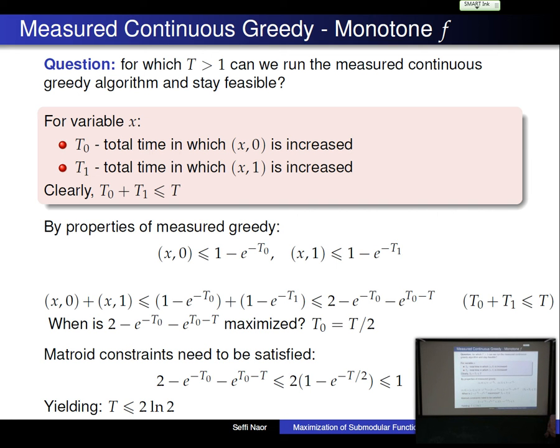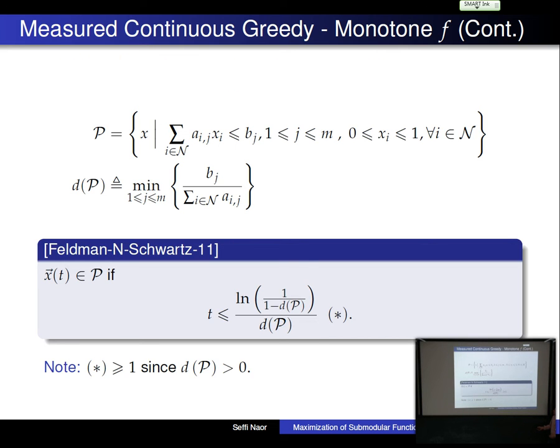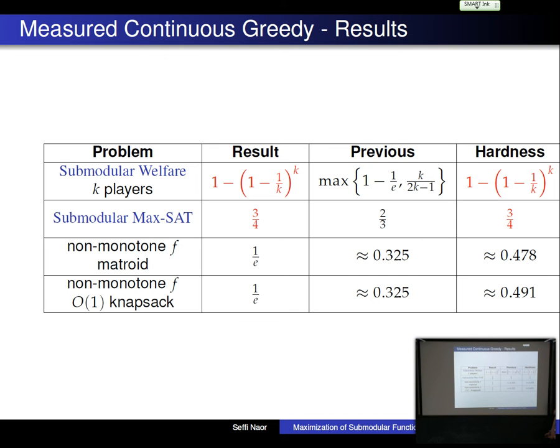And this gives an approximation factor of 3/4 for this problem, submodular max sat. Skip this, which turns out to be a special case of submodular welfare. So using the measured continuous greedy and going beyond time equal 1 allows us to get improved results for several problems.